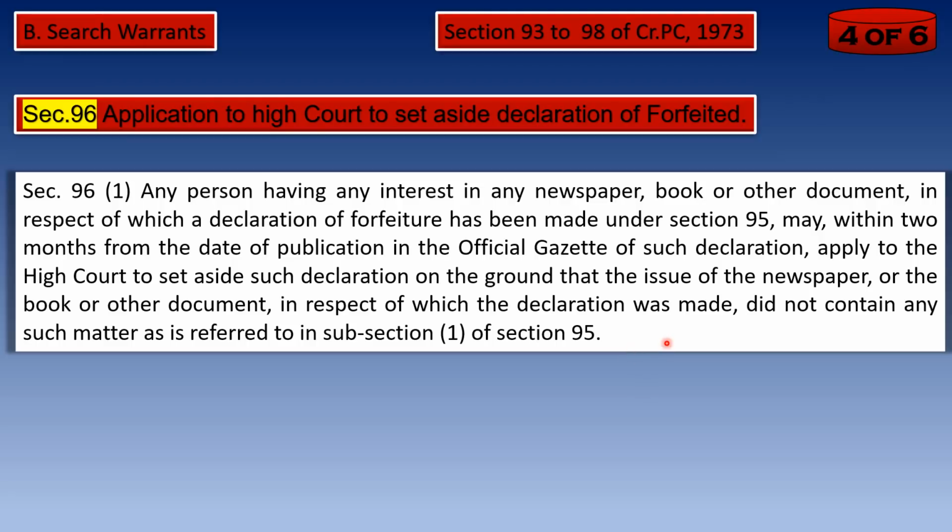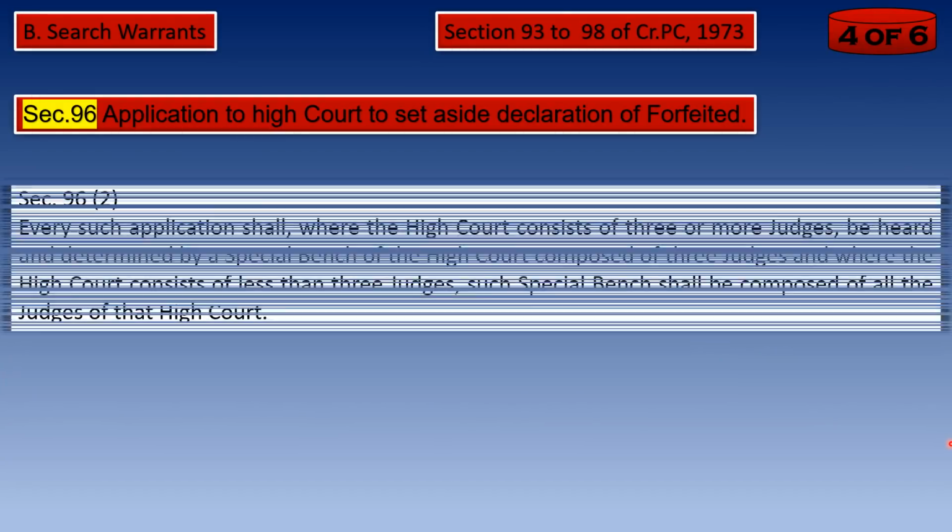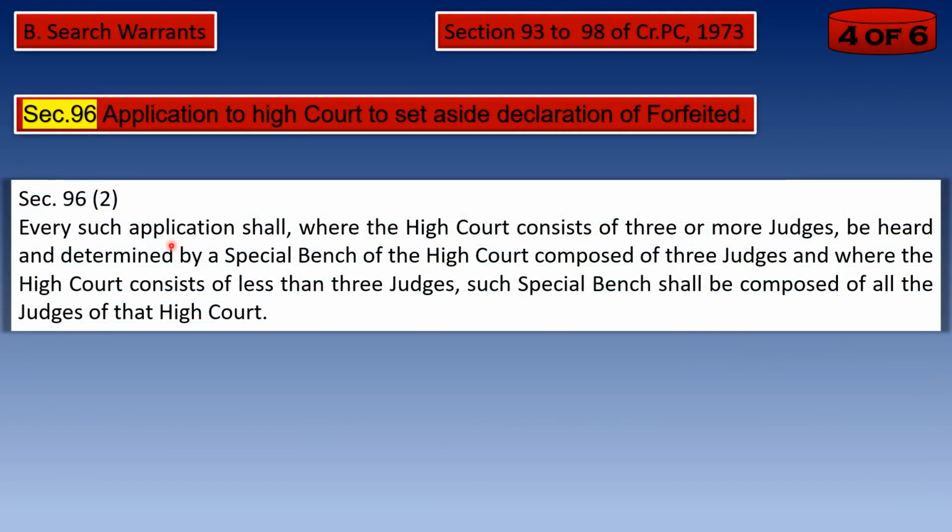Subsection 2 of section 96 says every such application shall, where the High Court consists of 3 or more judges, be heard and determined by a special bench of the High Court composed of 3 judges, and where the High Court consists of less than 3 judges, such special bench shall be composed of all the judges of that High Court, which obviously means less than 3 judges, because 3 judges is the requirement, and if 3 judges are not available, then obviously there are going to be 2 judges.